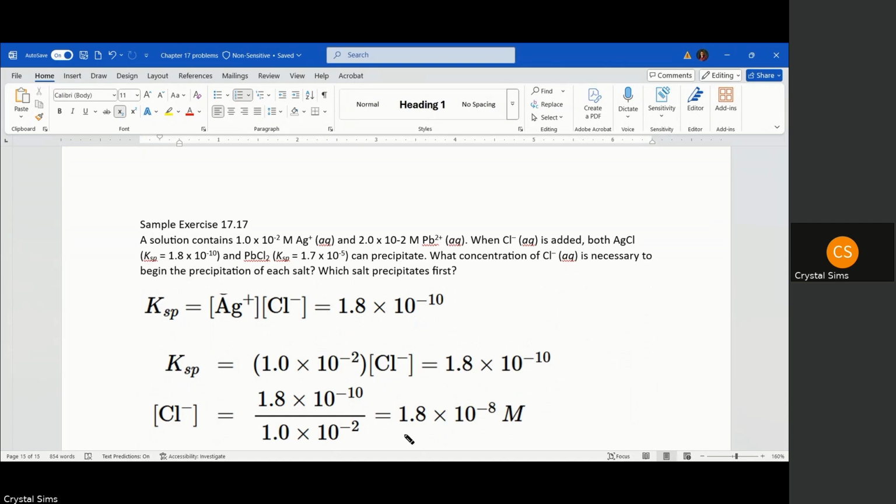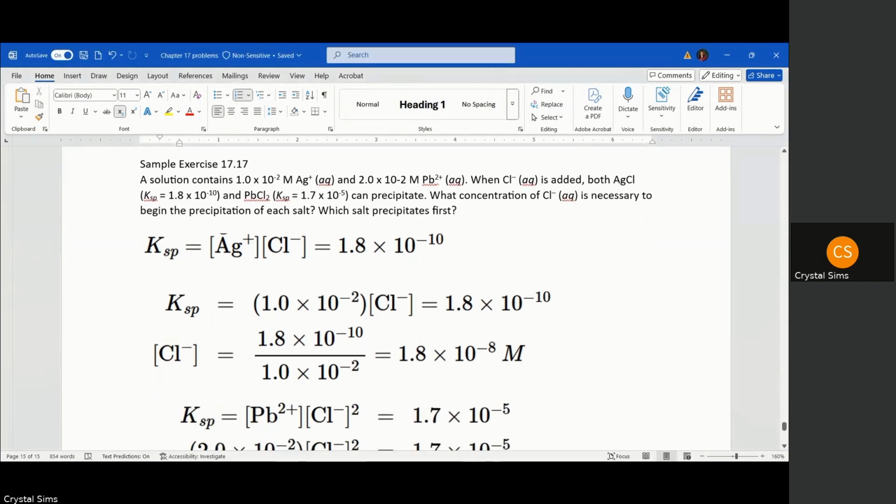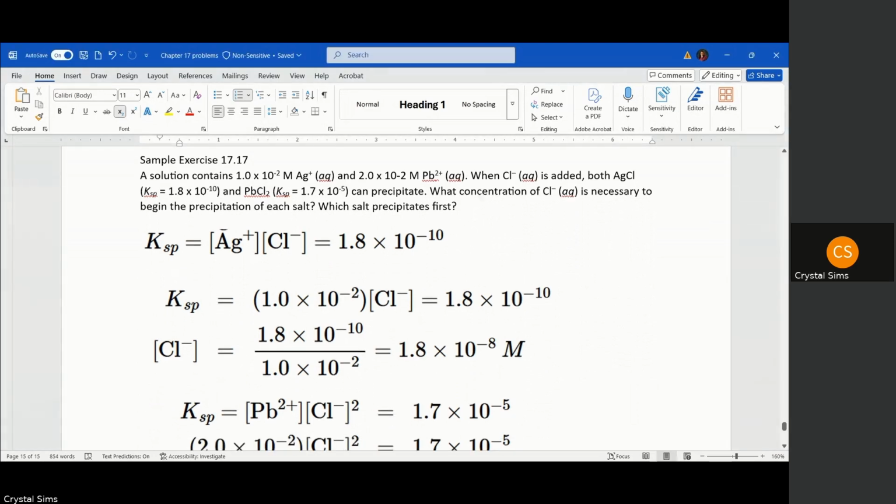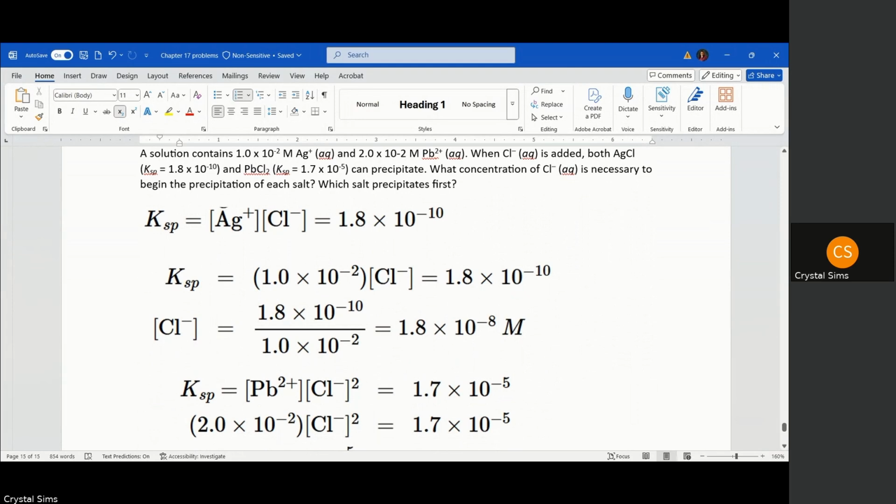All right. So now we need to do the exact same thing for the lead-2 chloride. So we set that expression up equal to KSP. Notice we have an exponent here because it takes 2 chloride ions for every 1 lead 2+ ion. We're going to solve for chloride.